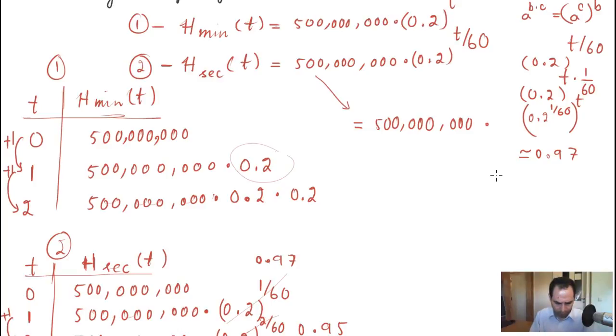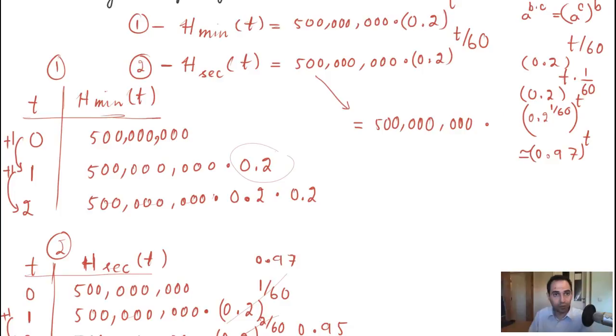So now let me calculate 0.2 raised to the power 1 by 60, which is the same number, which is right. So that this becomes raised to the power t, of course. Now instead of this whole expression, I can write 0.97 raised to the power t.